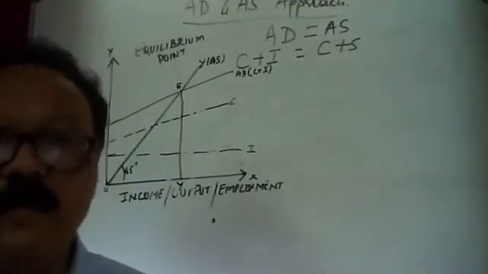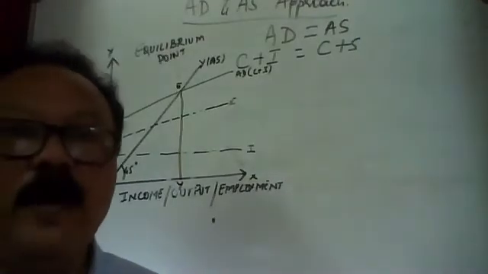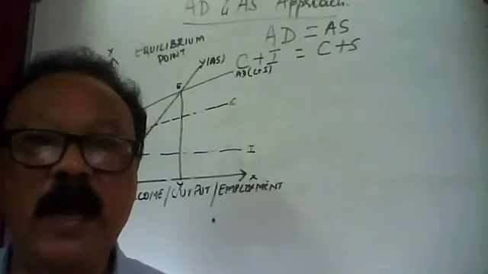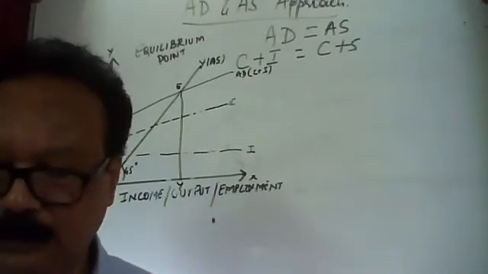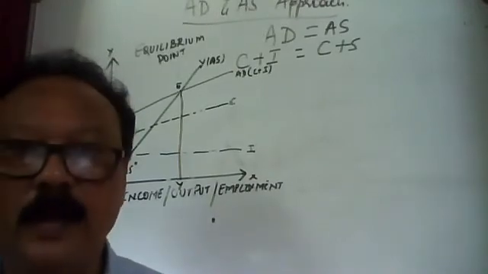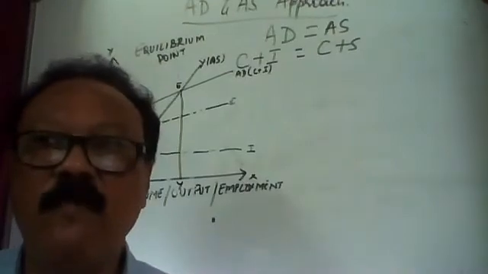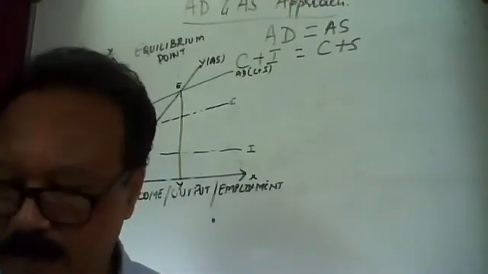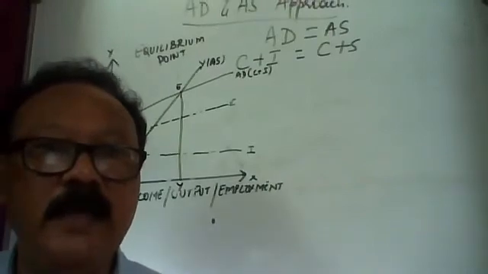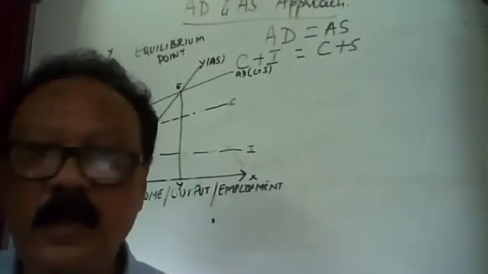AS curve represents national income. It is expressed as a 45-degree line from the origin.